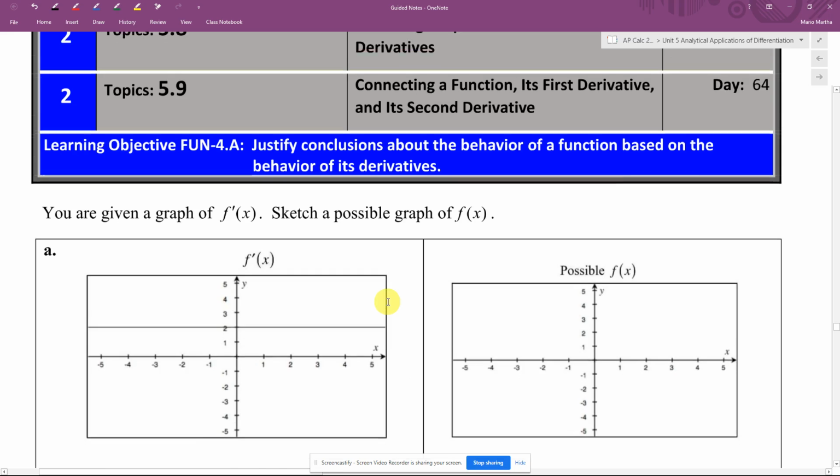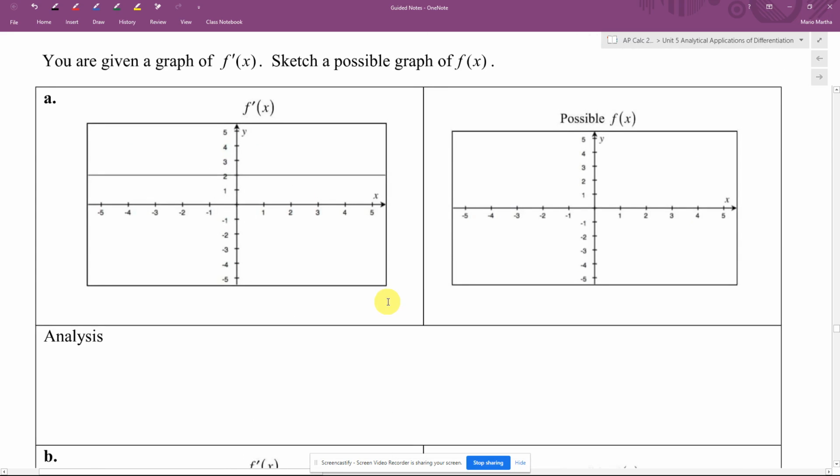So we're looking at f prime of x. First we're going to start off by analyzing what f prime of x is doing. If you notice, it's just a flat horizontal line. So we can say that the value of f prime of x is always 2.